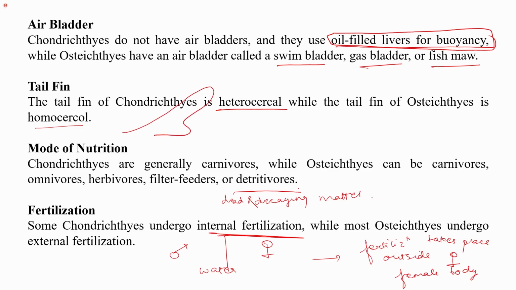So this is heterocercal in chondrichthyes, while homocercal will be like this, which is symmetrical. So the tail fin of the osteichthyes is homocercal, while in chondrichthyes it is heterocercal. This is the heterocercal form, this is the homocercal form.